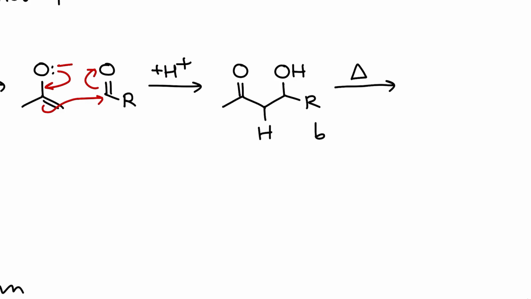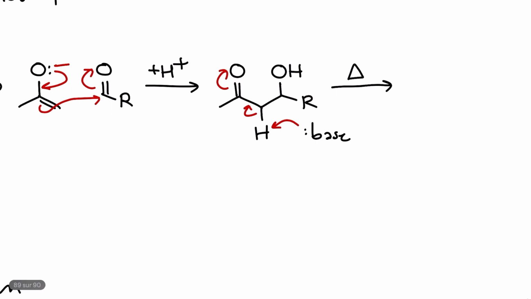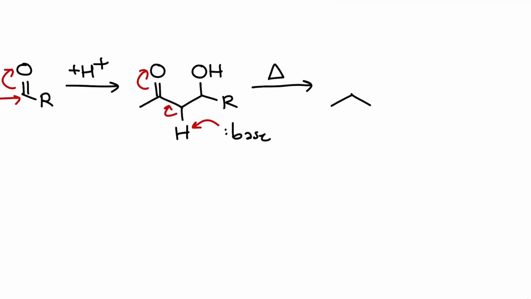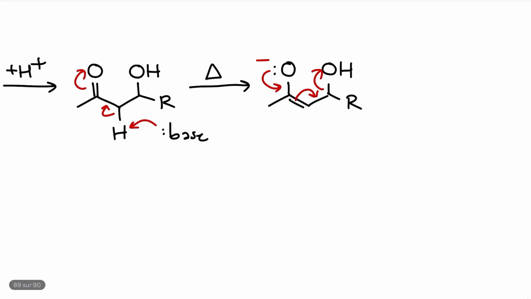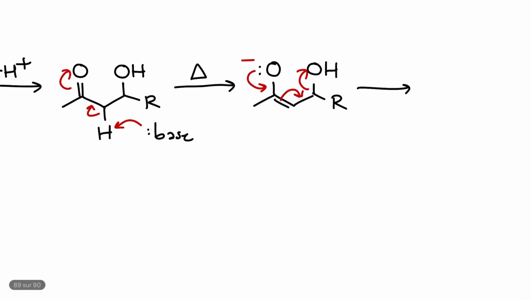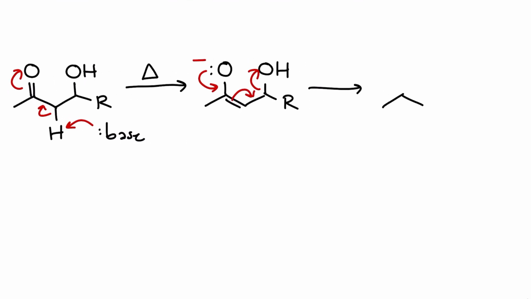So in this case, you have a base grab this proton once again, and once again it forms the enolate. So now you have your enolate back, and you can kick off the alcohol, the hydroxyl group right there, to form an alpha beta conjugated carbonyl.